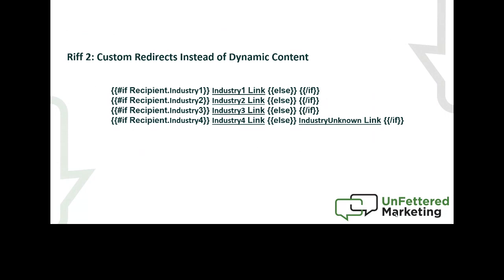You want to show them both things. And then the very last one is basically the last one: if industry 4 is blank, then show this industry unknown link potentially. So there are different options that you can use here to show different things based on whether or not those fields are populated. And these are some ideas that you could employ.